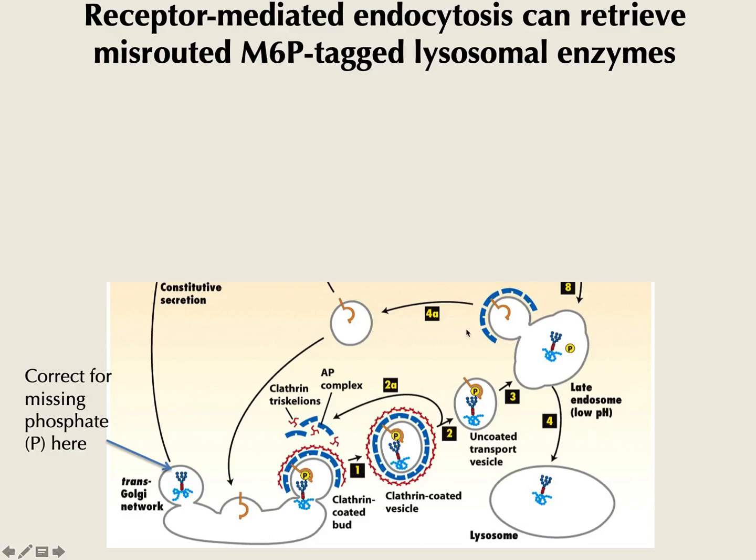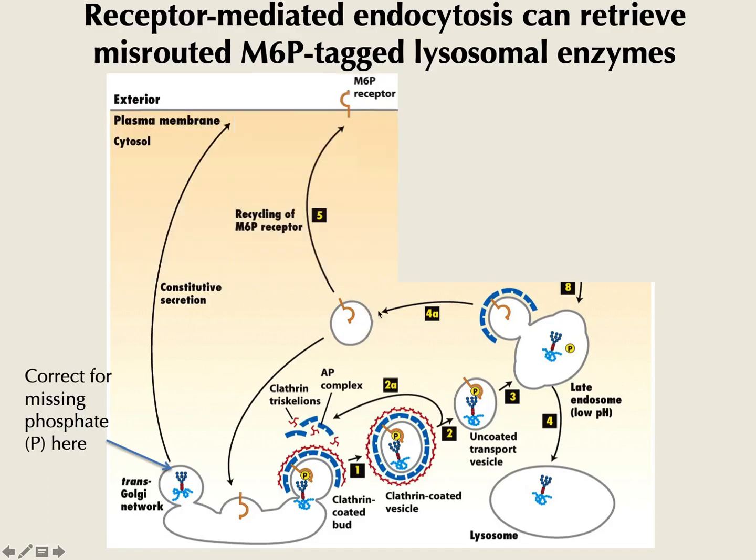Just as an aside, a biomedically important aside, this system also helps recover misdirected receptors. So they're not really misdirected, so let me just show this. Sometimes you also have a fraction of the receptor on the outside. And actually this can be used if there are mannose 6-phosphate tagged lysosomal enzymes on the outside.